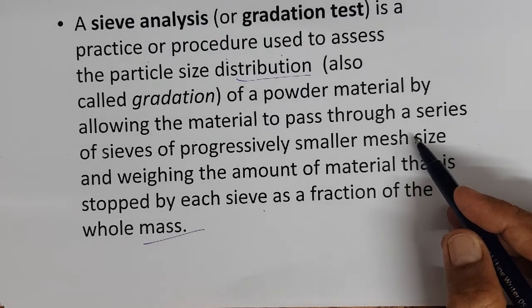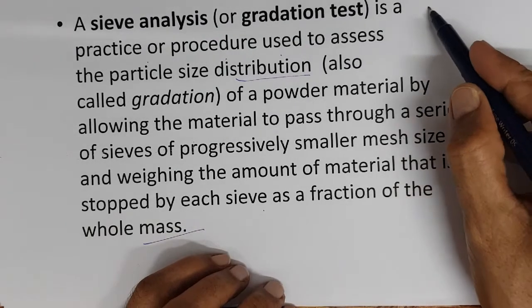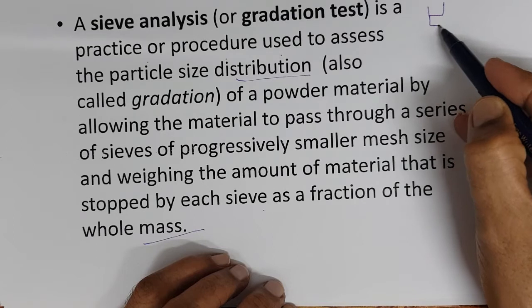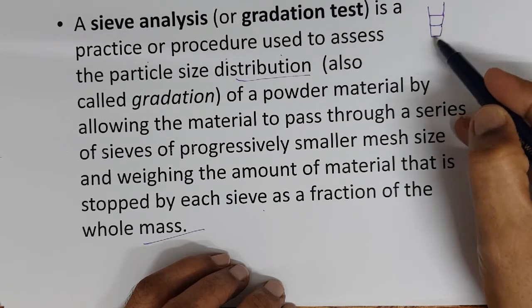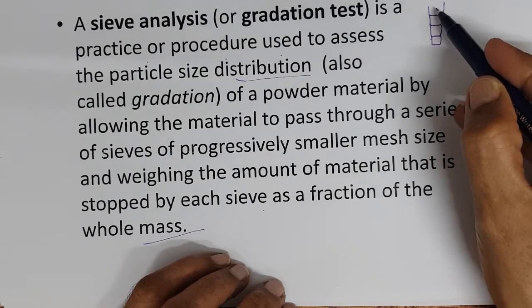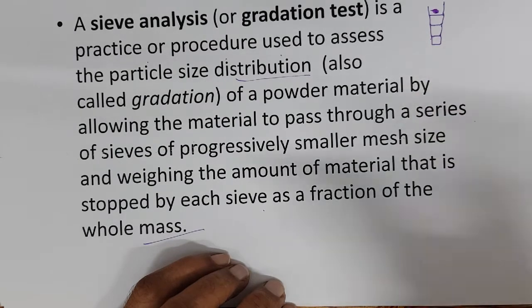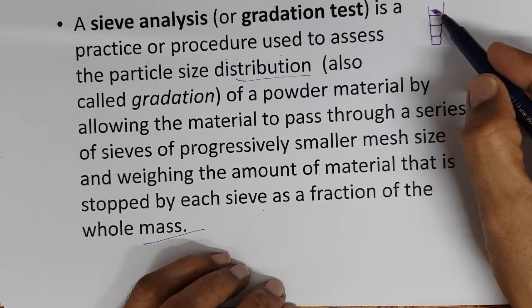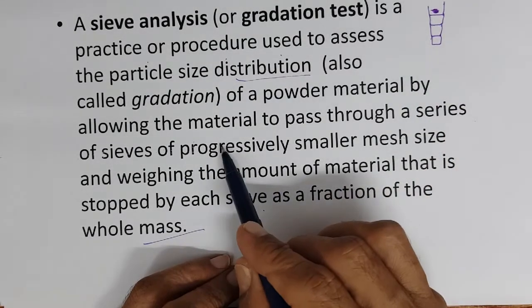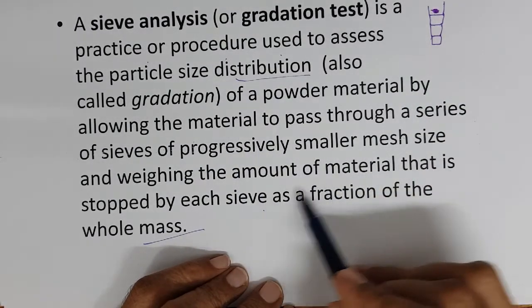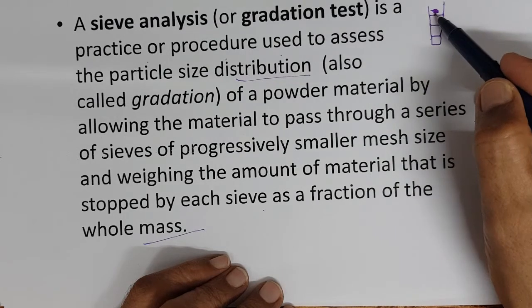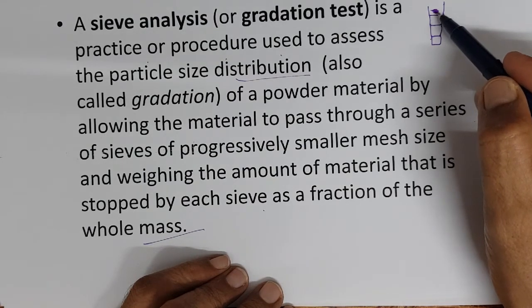What it means is we have a series of sieves stacked, right? The powder is put here and it is vibrated. Here is progressively smaller mesh; here the mesh size is higher, and the particle size retained here is high.